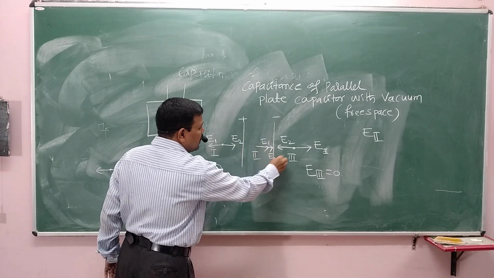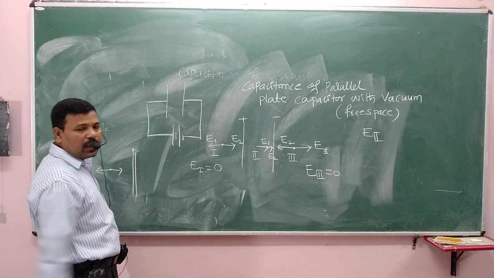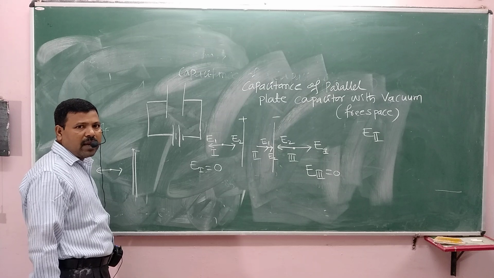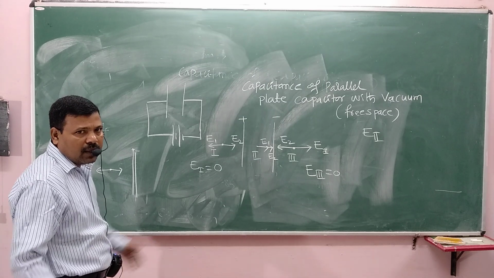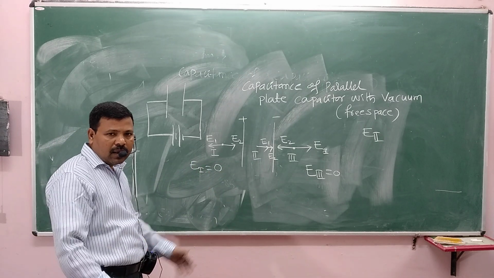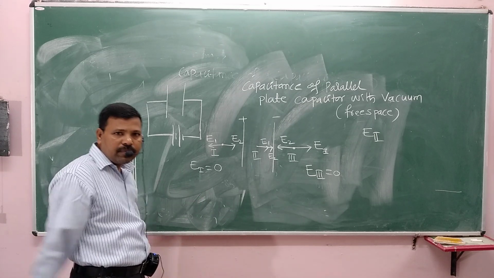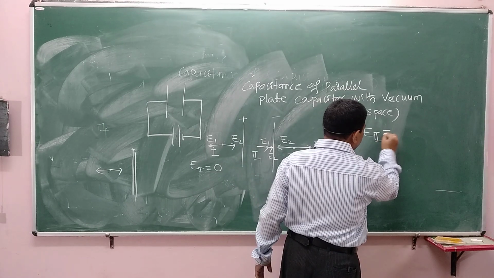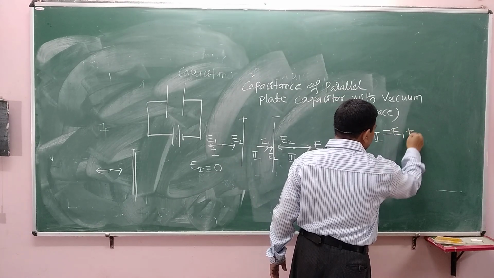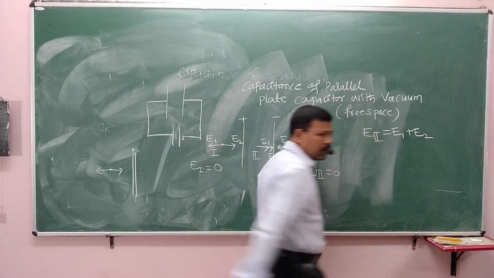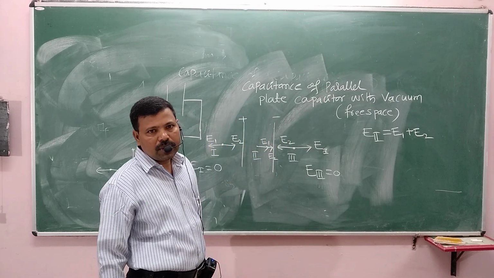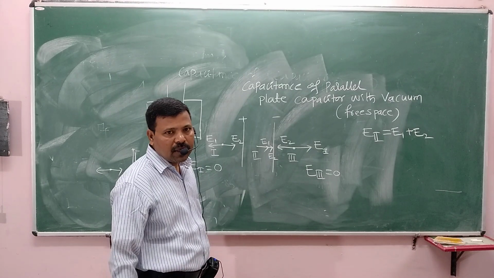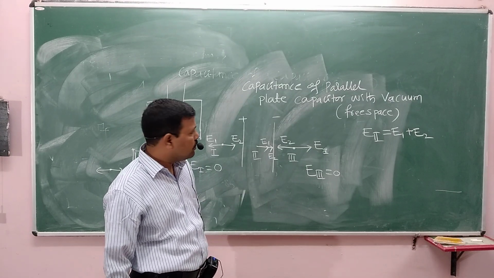E2 is the electric field due to the negatively charged plate. Since both of them are in the same direction, the net electric field would be added algebraically. Net electric field is equal to E1 plus E2.